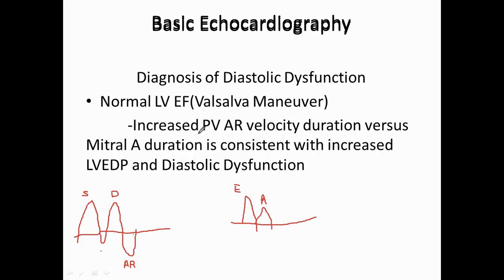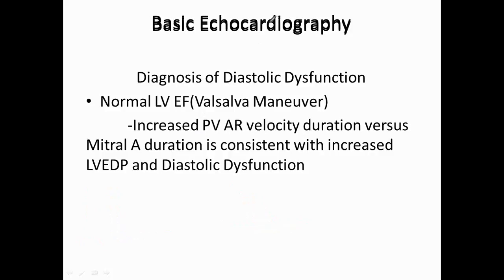And then when you look at your pulmonary vein flow atrial reversal velocity duration, increasing this duration versus the mitral A duration is consistent with elevated left ventricular end diastolic pressure and diastolic dysfunction. Okay, so you have to try and grasp that concept.